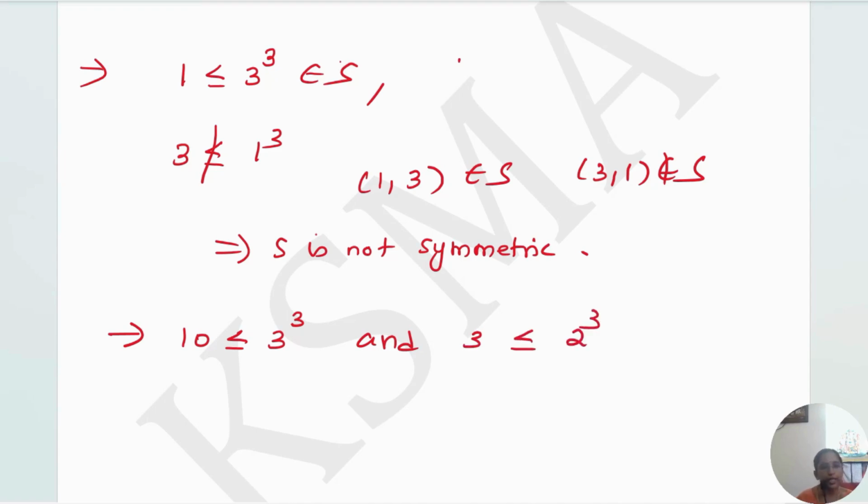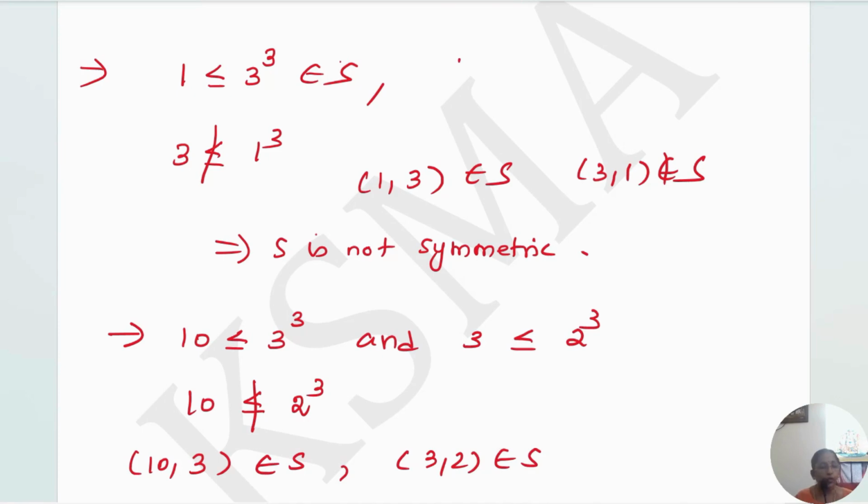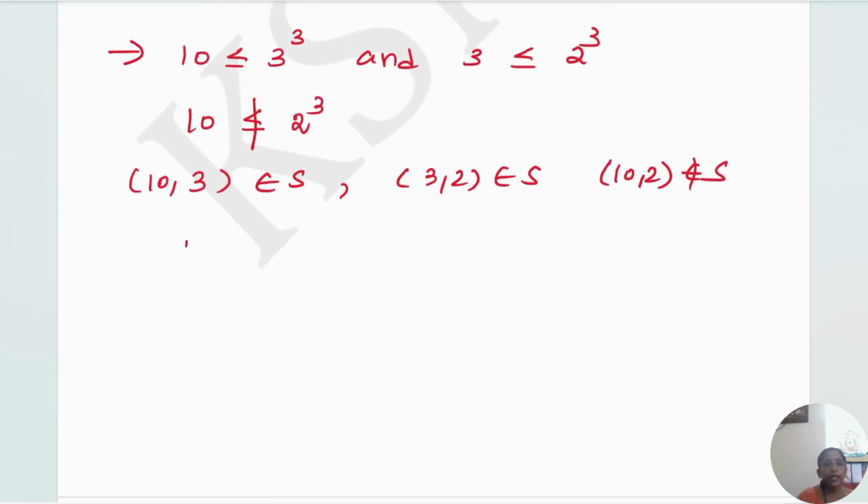These two conditions are satisfied, but for transitive, 10 ≤ 2³ is not satisfied. So you can write: (10, 3) belongs to S and (3, 2) also belongs to S, and (10, 2) does not belong to S. So you can write your answer as S is not transitive.